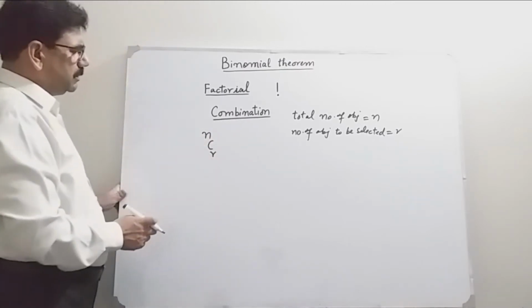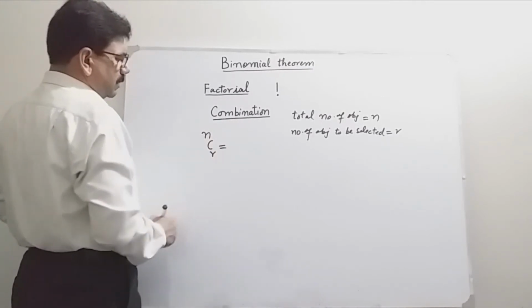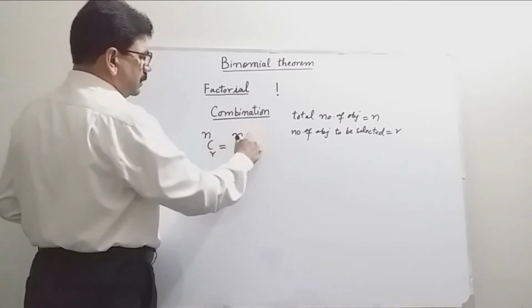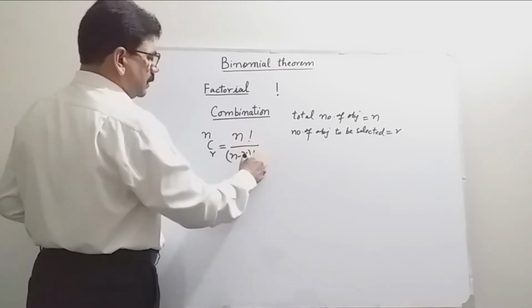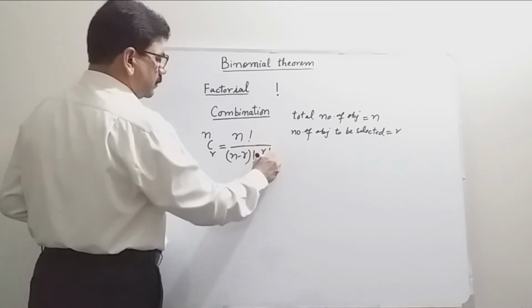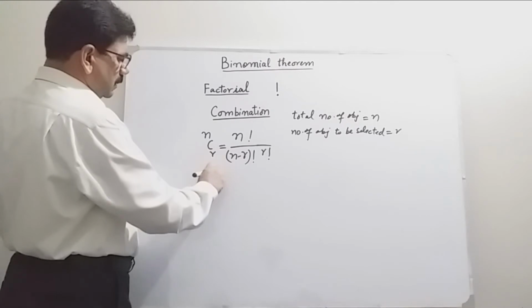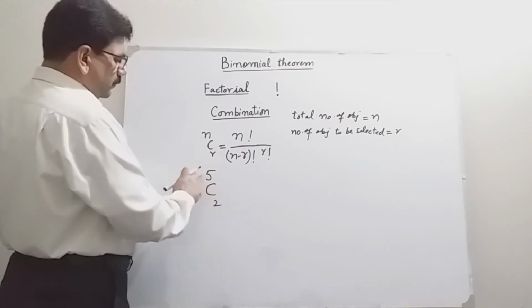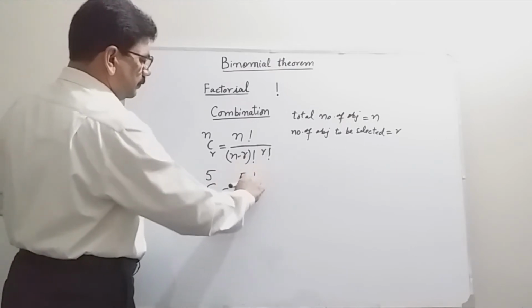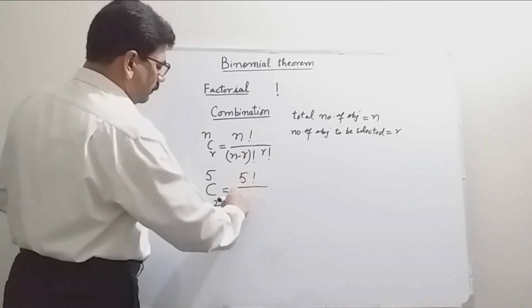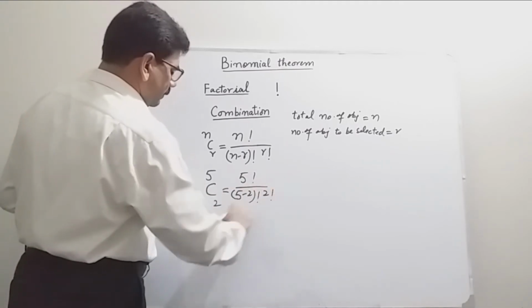C stands for combination. Now n combination r can be calculated by the formula n factorial over n minus r factorial divided by r factorial. If, for example, we have to choose 2 objects from 5 objects, it will be calculated as 5 factorial over 5 minus 2 factorial into 2 factorial.